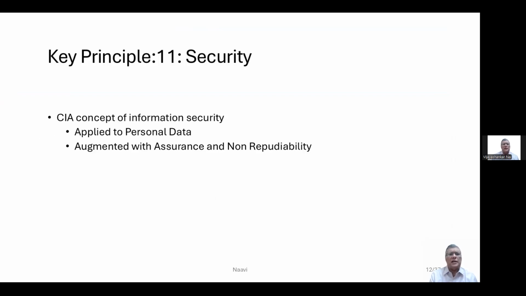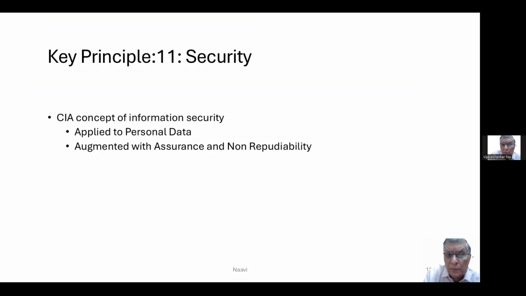Then security, of course, is inherent to any compliance, and under DPDPA also one of the obligations is to protect the personal data, and therefore the normal concepts of CIA are essential, but that has to be augmented with the personal data requirements such as obtaining the consent, data breach reporting, and cross-border transfer restrictions to be respected.